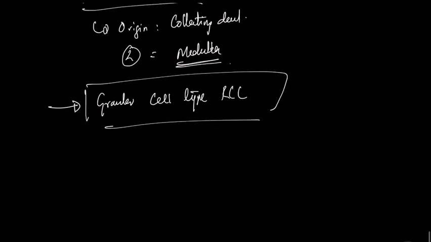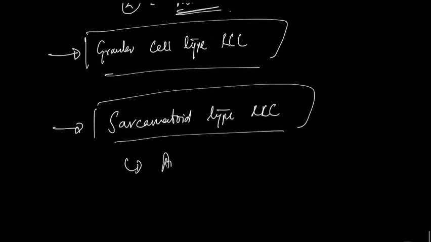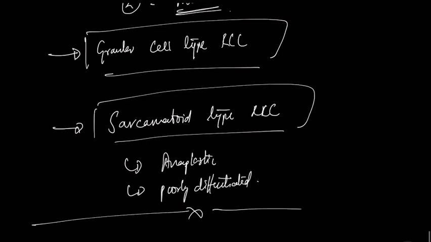And lastly is your sarcomatoid type RCC. This is anaplastic and poorly differentiated. So with that, we are done with the subtypes of your malignant renal tumors.